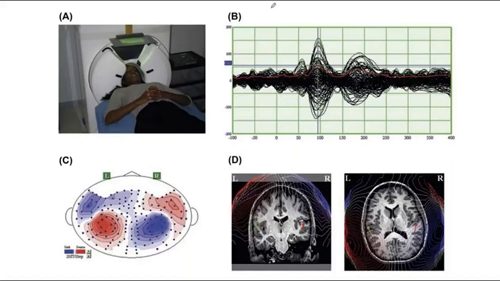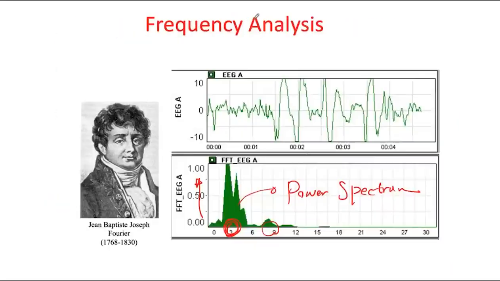The other thing that is important to know is that there is another method to record, which we call magnetoencephalography. What does that mean? Instead of recording electricity, we can record the magnetic waves of these electrical activities.